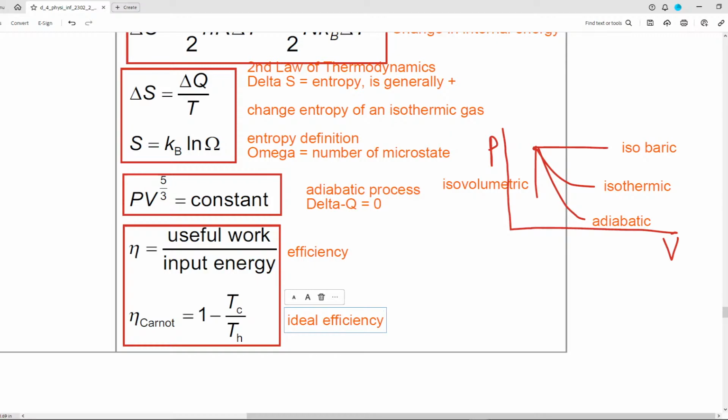It's not 100% efficient because some energy will have to be used to heat up the gas and cool it down. It's only the parts used. Carnot engine: Tc is the cold temperature, Th is called the hot temperature.